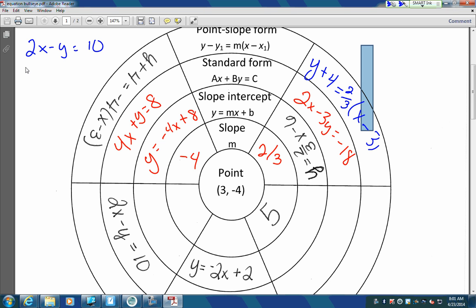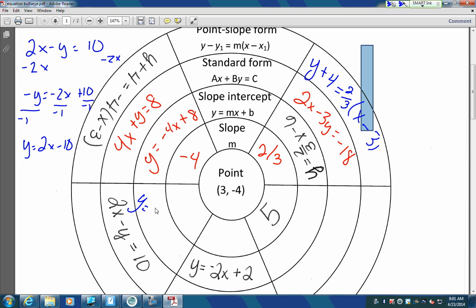Let me put it in slope-intercept. I'm going to subtract 2x from each side. I get negative y equals negative 2x plus 10. I'm going to divide everything by negative 1. I get y equals 2x minus 10. That's what's going to go in here.